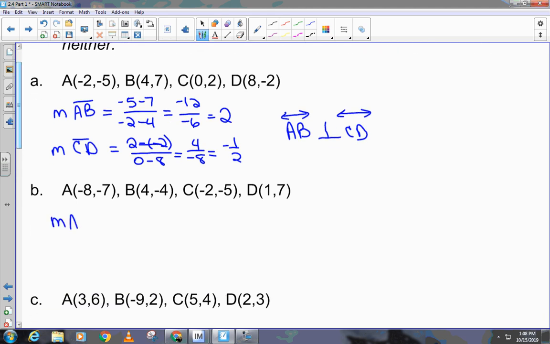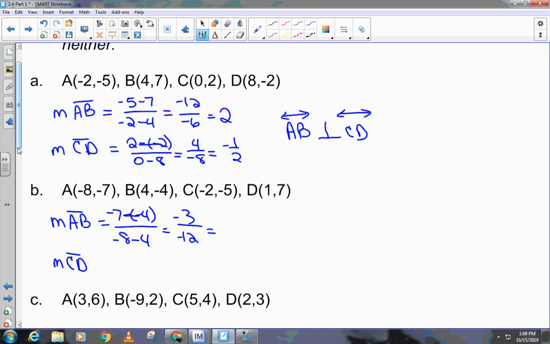Again, we're going to look at the slope of AB and the slope of CD. So we have negative 7 minus a negative 4 over negative 8 minus 4. So negative 7 minus a negative 4 becomes negative 3. Negative 8 minus 4, negative 12.